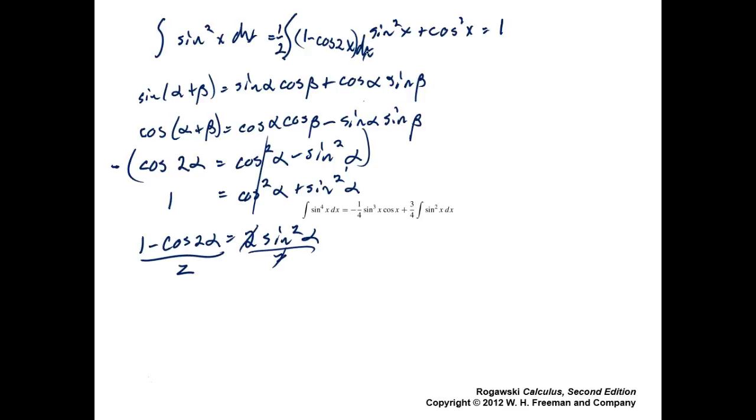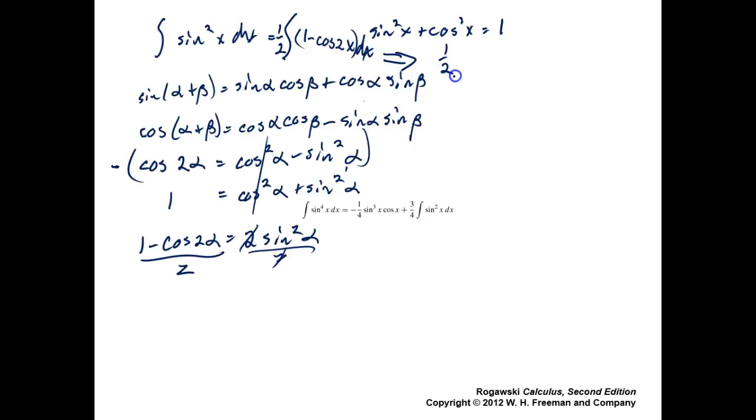Wouldn't you say that's a fair swap? Sine squared alpha is 1 minus cosine 2 alpha over 2. So I'll take the 1/2 on the outside and leave the 1 minus cosine 2x, since that's an x, we'll do x dx. Now I think we could probably integrate that one. Can't we? Okay, what would that be?